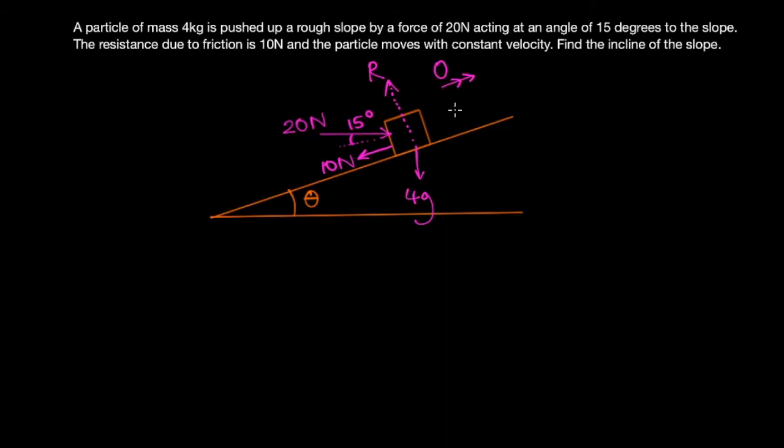So now that we've got all the forces on the diagram, the way that we're going to find the incline of the slope is by considering the forces acting parallel to the slope. And again, we're going to use the equation F equals ma. So we're going to be using F equals ma up the slope.